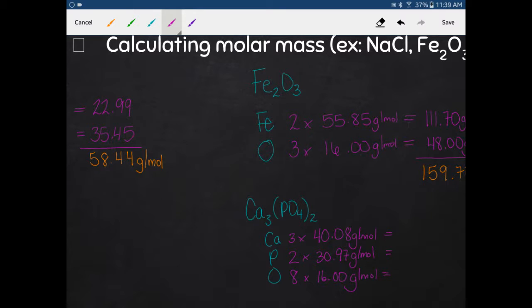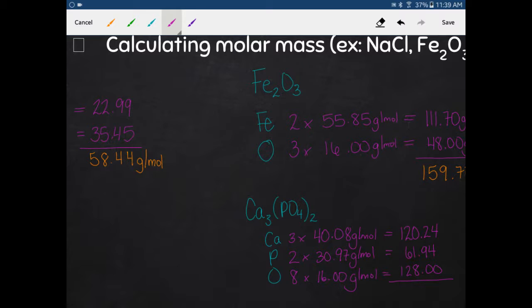So 3 times 40.08 is 120.24. Okay, 2 times 30.97 is equal to 61.94. And 8 times 16.00 is equal to 128.